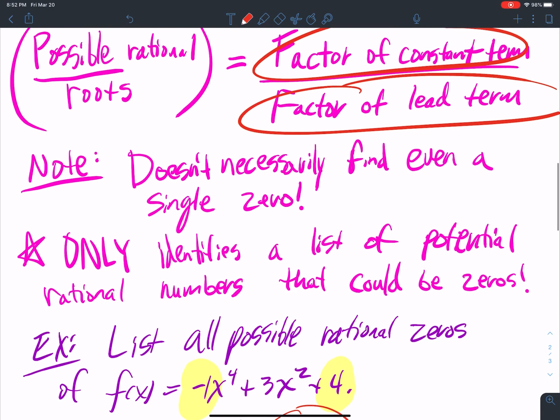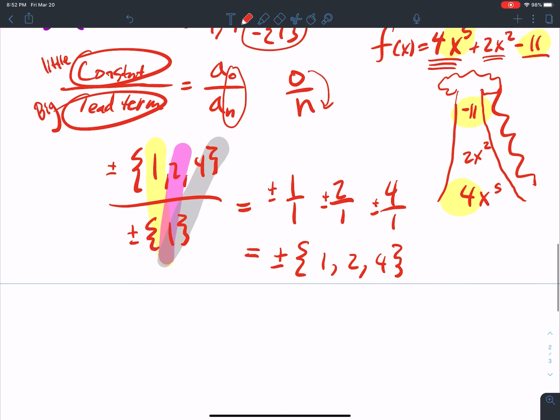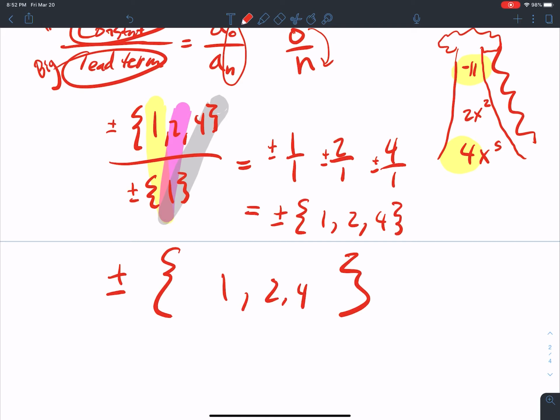So all it says is to list out all possible rational roots. Now in your homework, it might have something like this. It has a plus or minus and then a curly bracket, and then you just put in the numbers 1, 2, and 4. But if it doesn't, you might have to type out 1, -1, 2, -2, 4, comma, negative 4, okay?